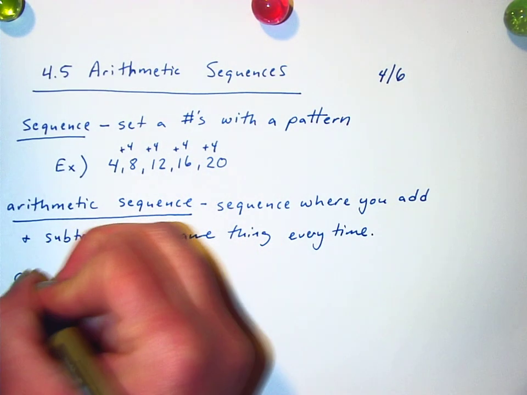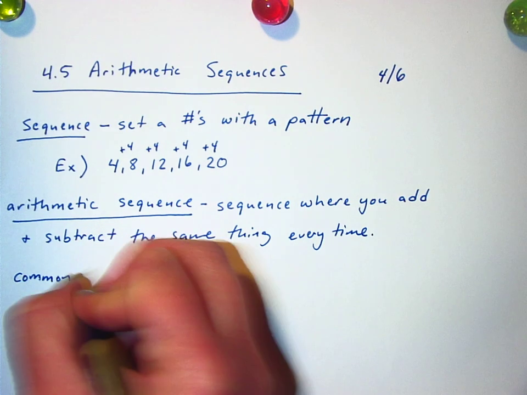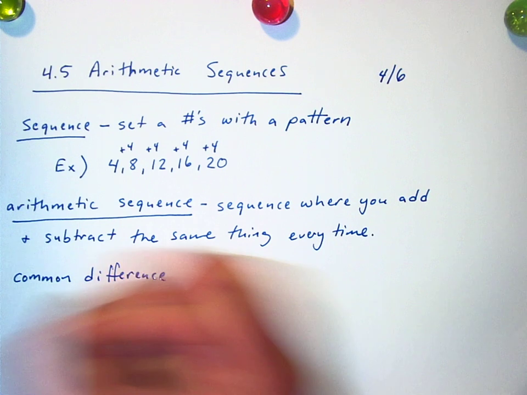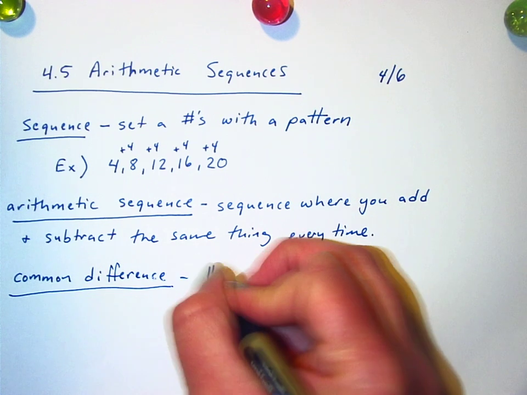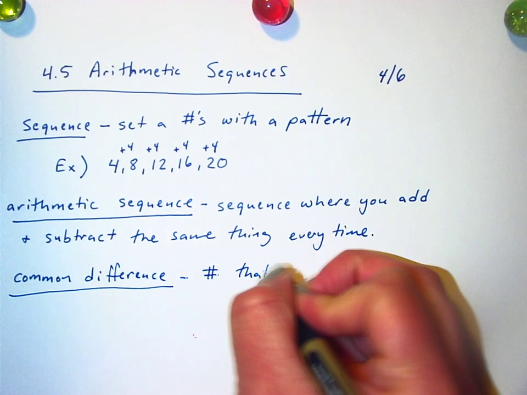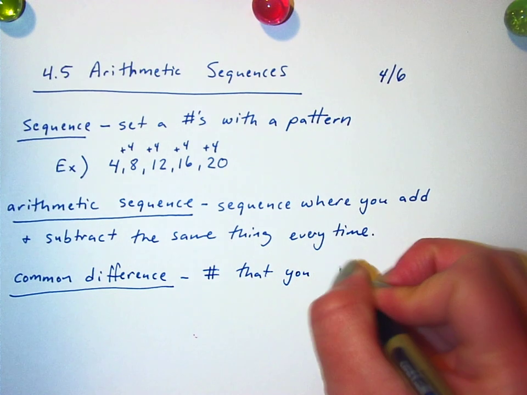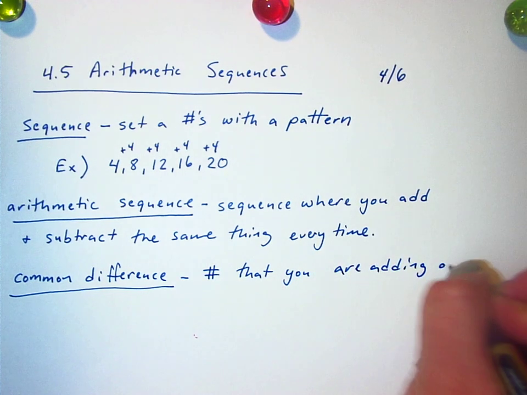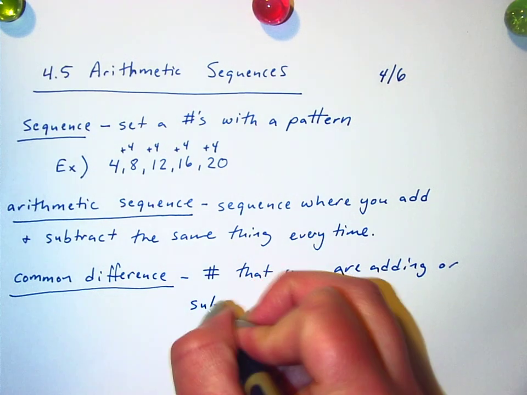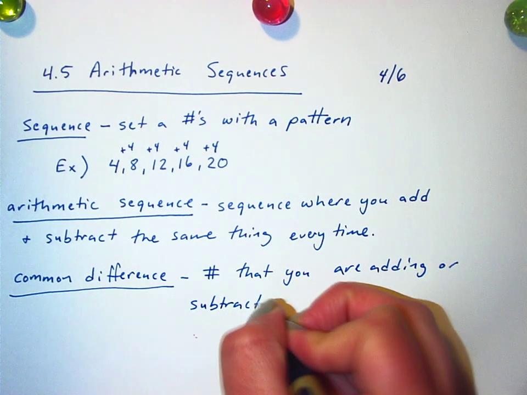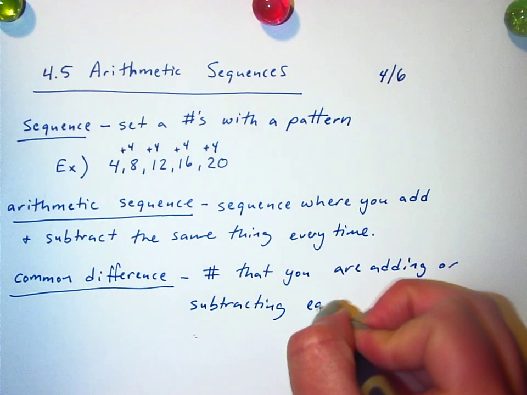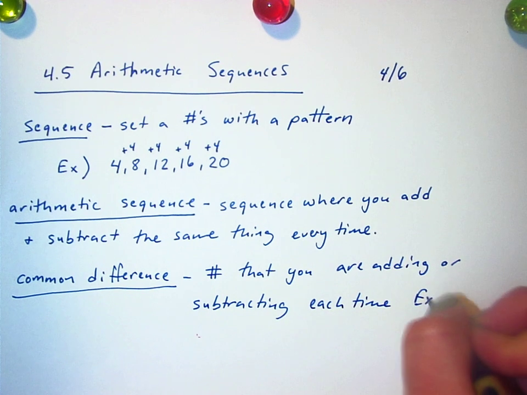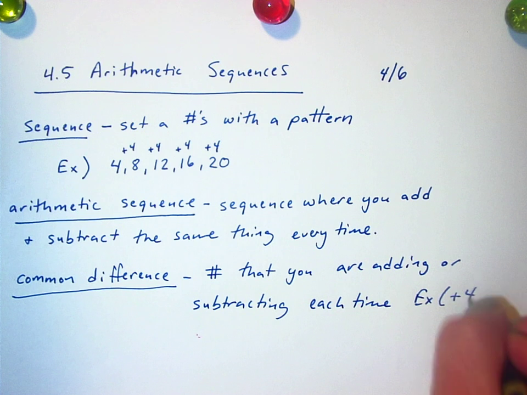That's also called a common difference. The common difference is the actual number that you are adding or subtracting each time. In the example up above, that was the +4 thing.